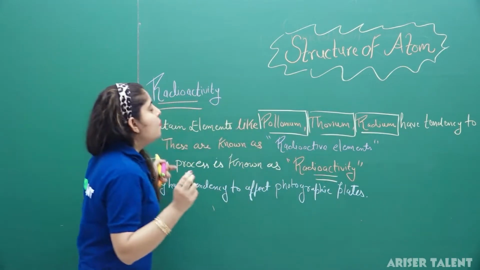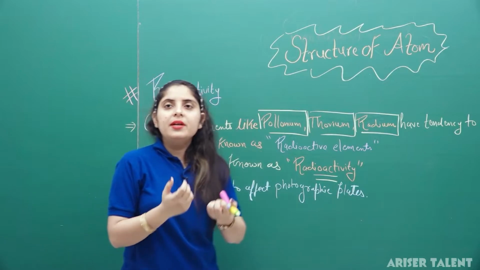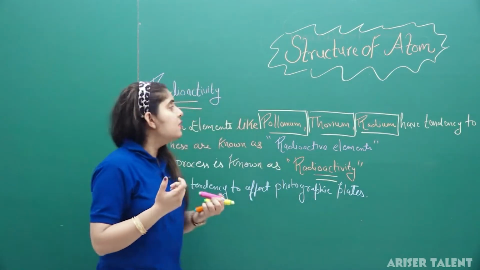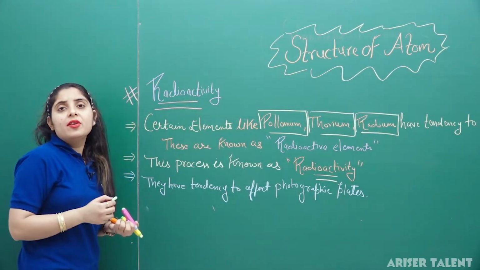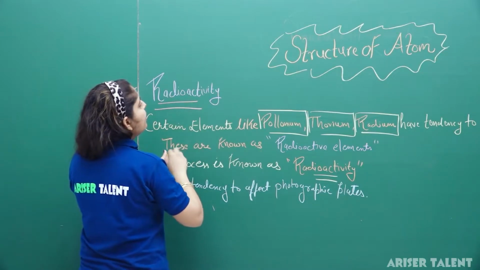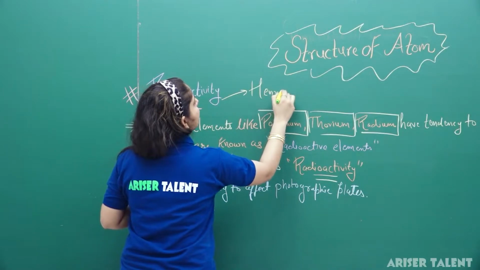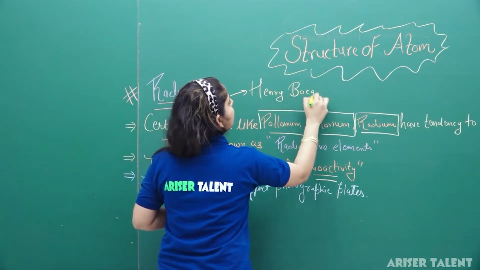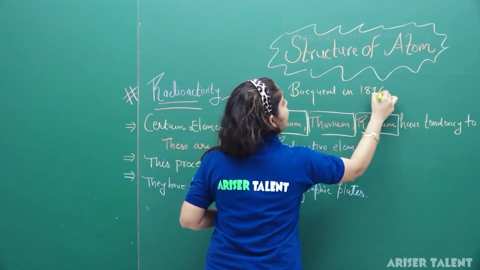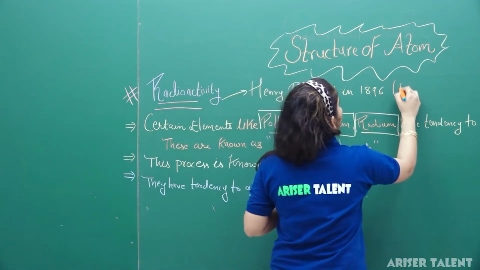Now, from where has the concept of radioactivity been developed? The phenomenon of radioactivity was developed by a French physicist known as Henri Becquerel in 1896. So the concept of radioactivity was given by Henri Becquerel in 1896, and he is the French physicist.